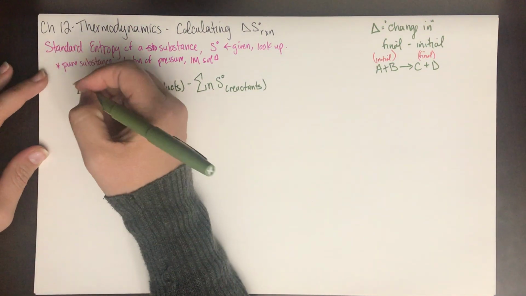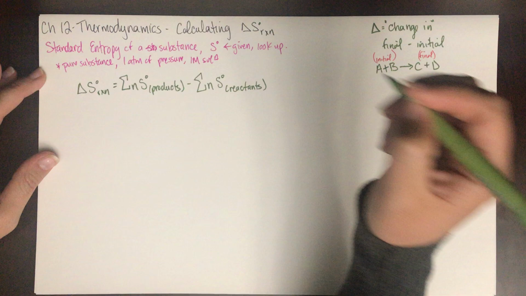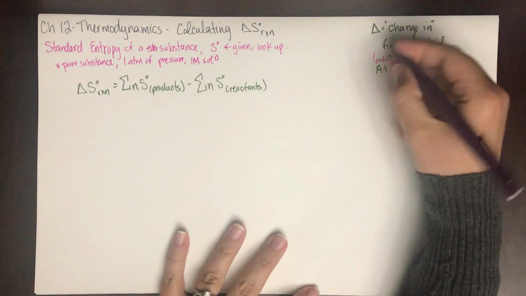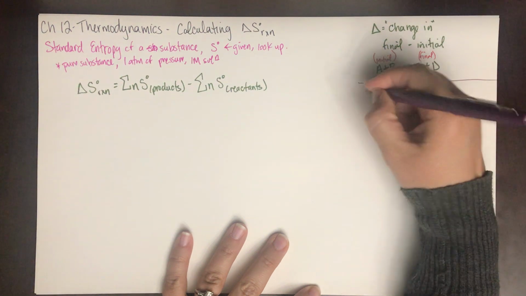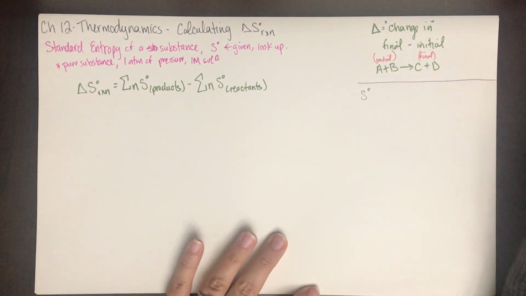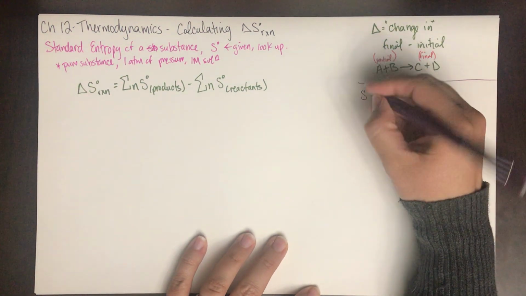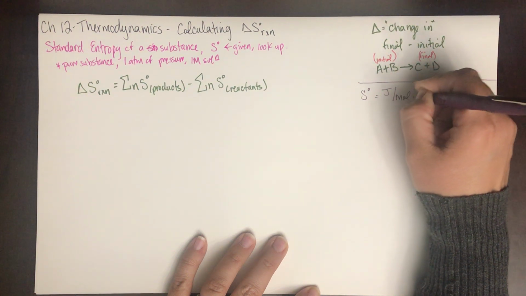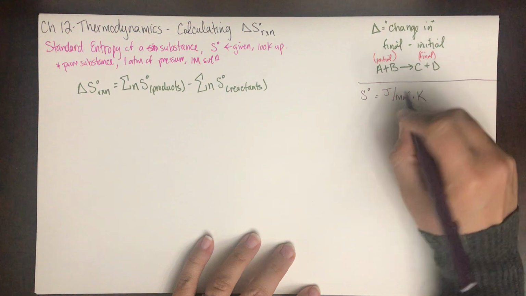And when we look up the standard entropy for different substances, the unit is going to be in joules per mole Kelvin.